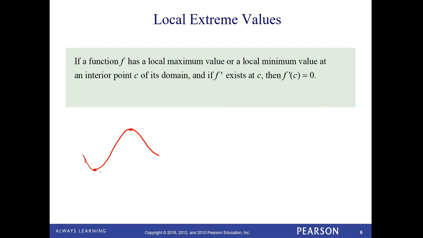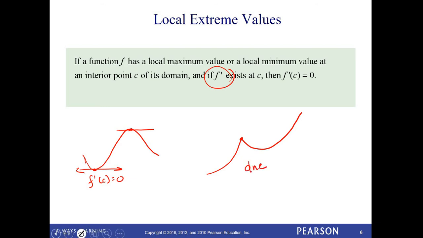If this is a local minimum, then f prime exists here and it is 0. And the same thing here, f prime would be 0. Now remember, that only happens if f prime exists. So I could have a local minimum or maximum. Here's a local maximum. F prime does not exist here, so I cannot say that f prime is 0.